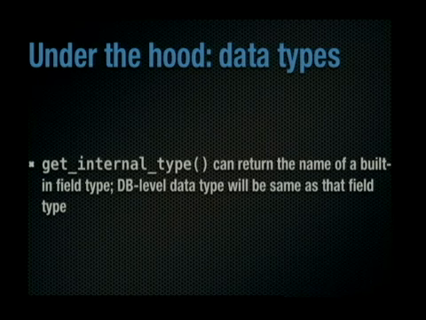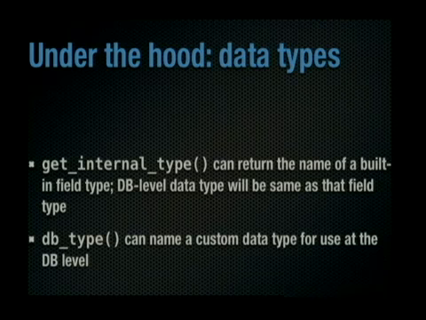Every model field has a getInternalType method, which can return the name of a built-in field type. Basically, if you write something, say, that ultimately is character data, you can return charfield as your internal type. And Django will know to treat this the same way it treats its own character fields. DB type can name a custom data type to use at the database level.